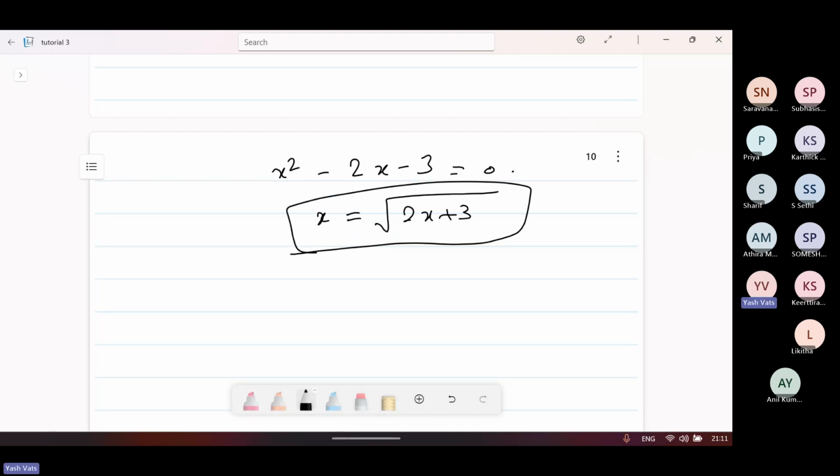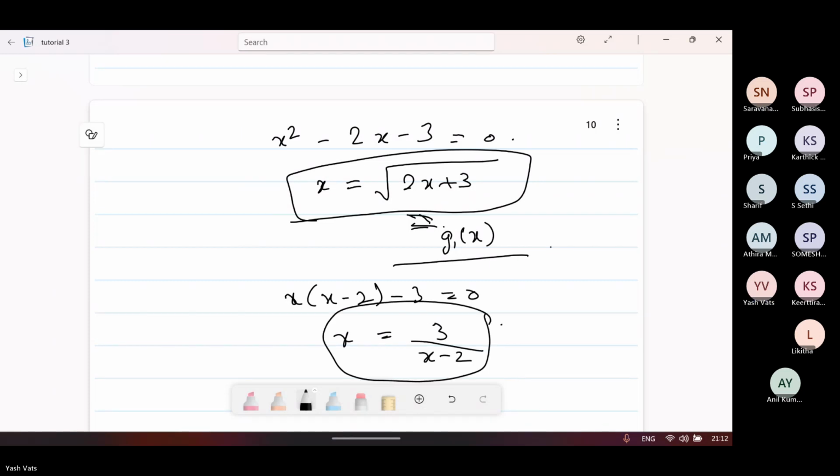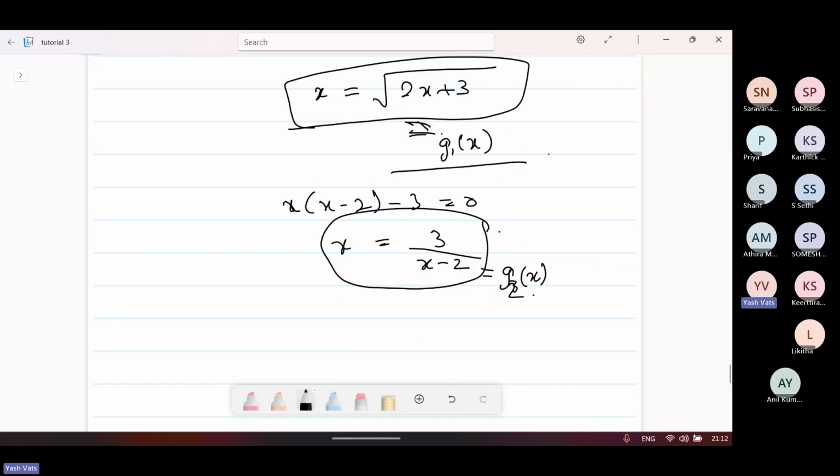Any other g? Any other combination you see? Okay, maybe this one, x minus 2 minus 3. Is it right? This is g3, and that was g2. All right.